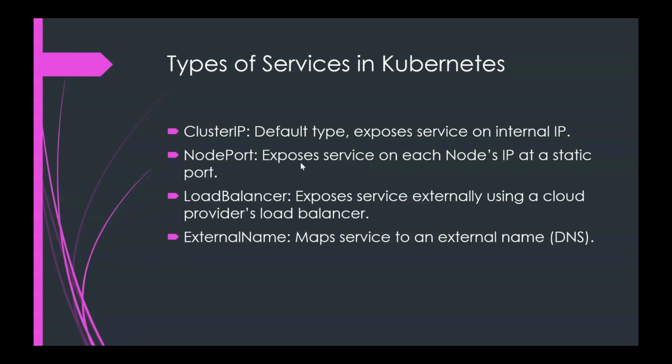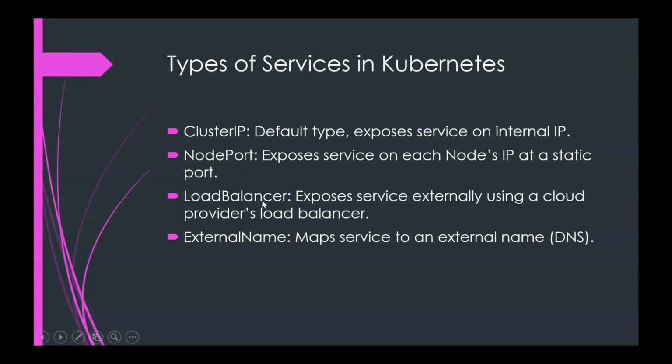Then it will expose your pod to the public or to external users using the node IP at some particular port. That port, the target port, you will have to specify, or Kubernetes will take one free port by default. Okay, I will explain this when I explain the YAML structure of the NodePort service.